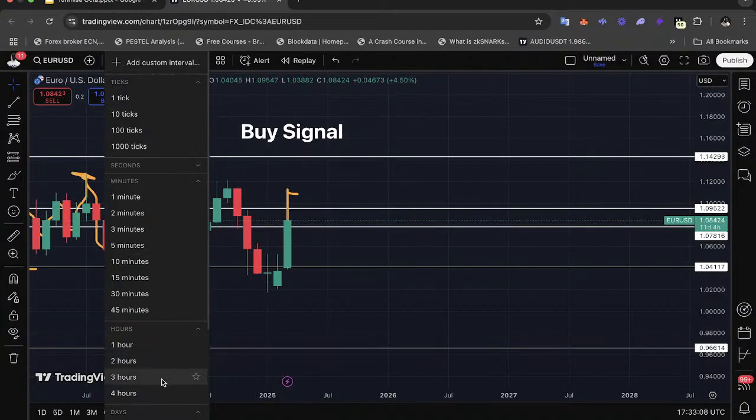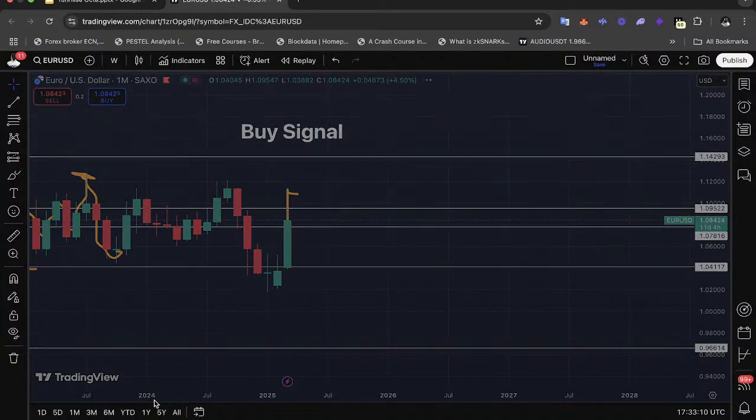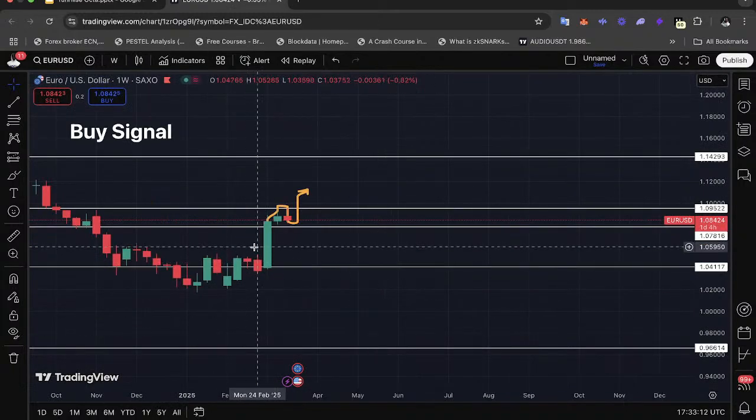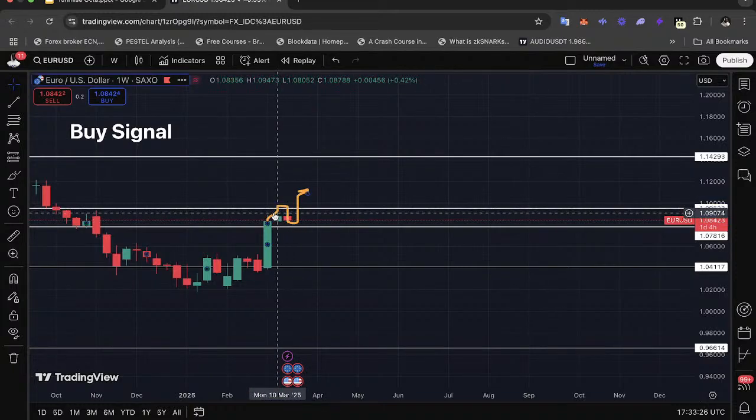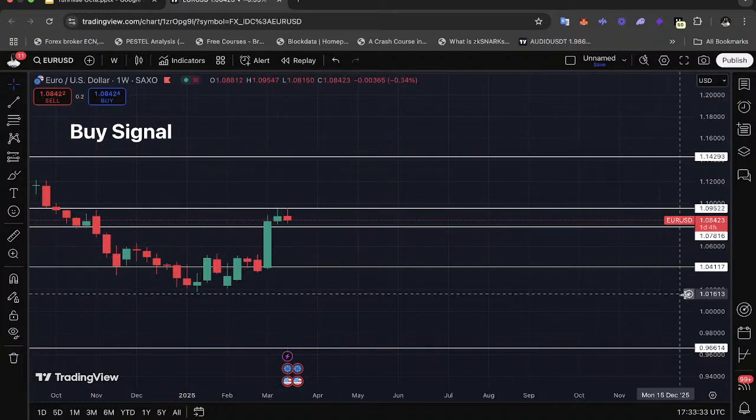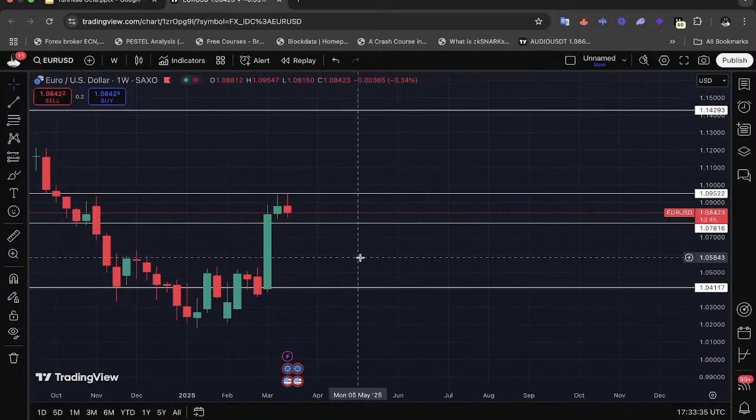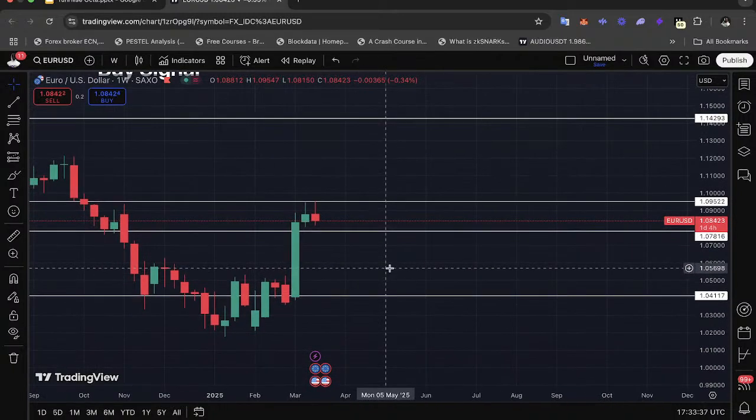When we go down to the weekly time frame, we see two candles that are reacting to the resistance zone, which is normal.